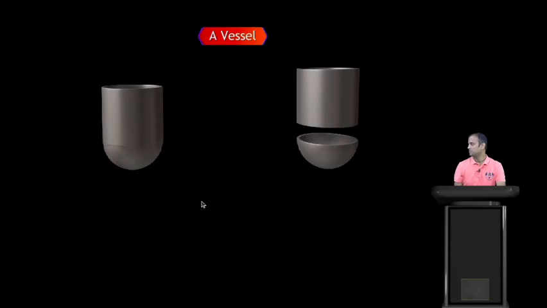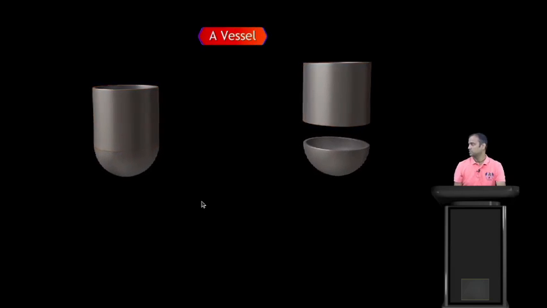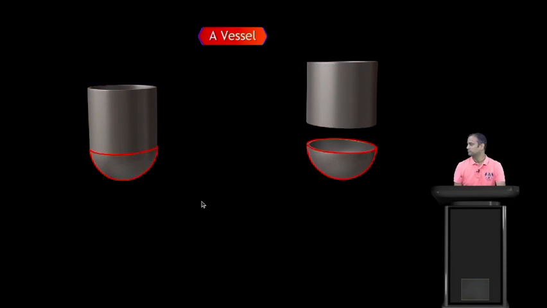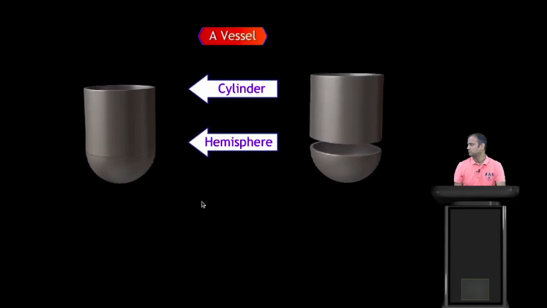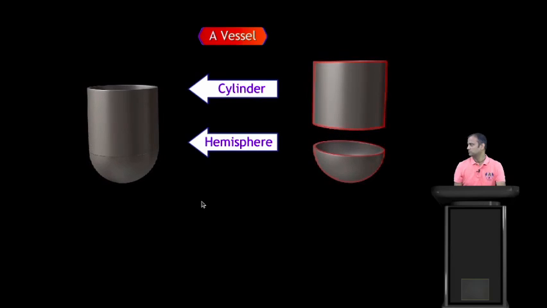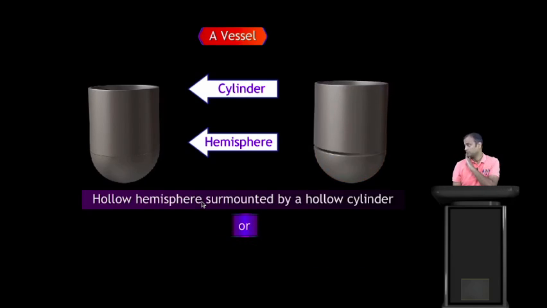Now it's a vessel. Here you can see again a cylinder and a hemisphere. So this cylinder, the upper portion, is surmounted on the hollow hemisphere.